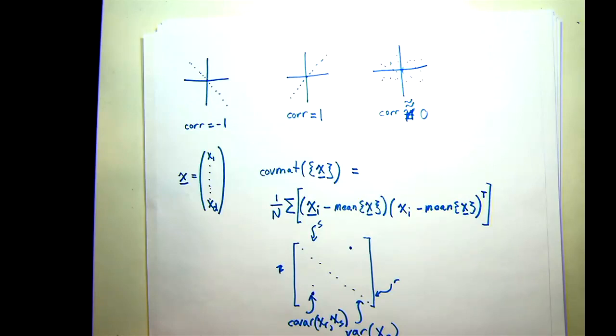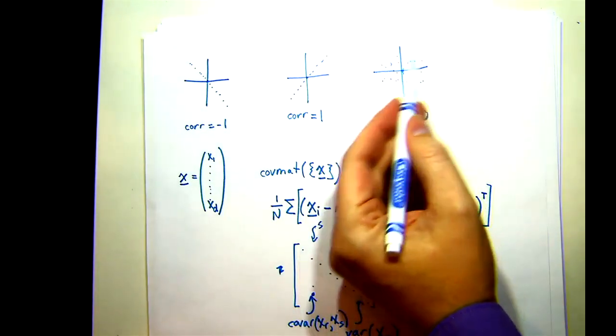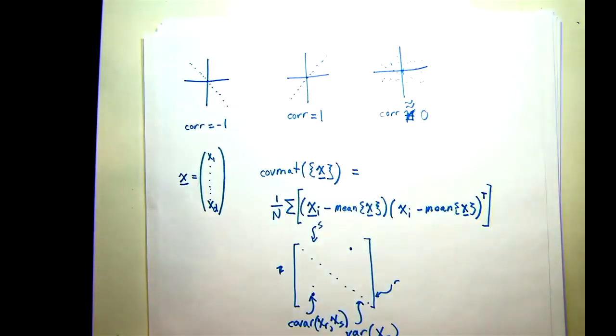So essentially, if you have a positive covariance, they move together. If you have a negative covariance, they move opposite. And if you had no covariance, they won't move together at all. They'll be completely random, with no linear relationship between the different components.